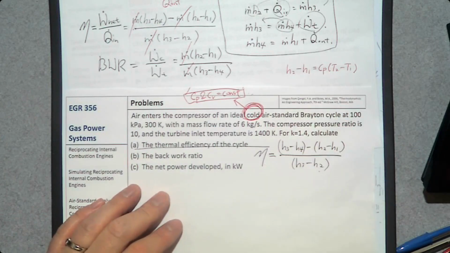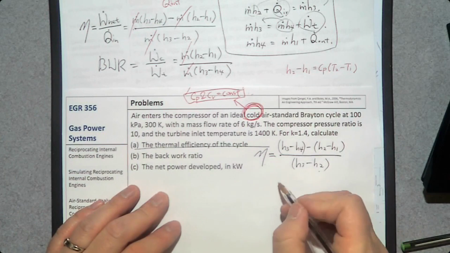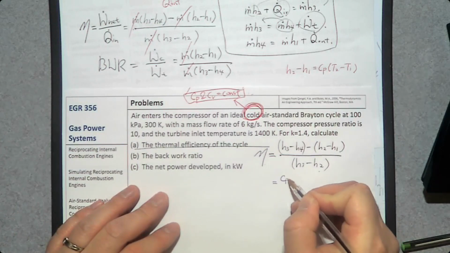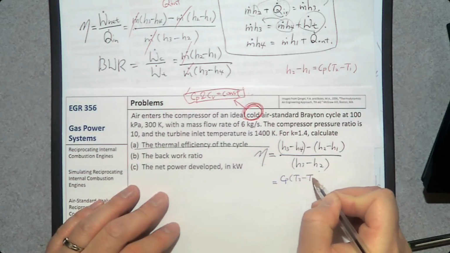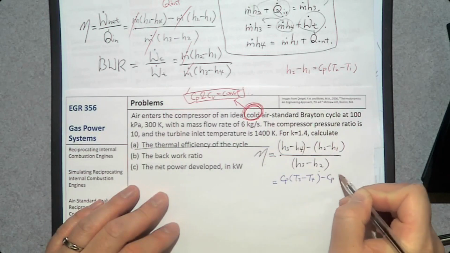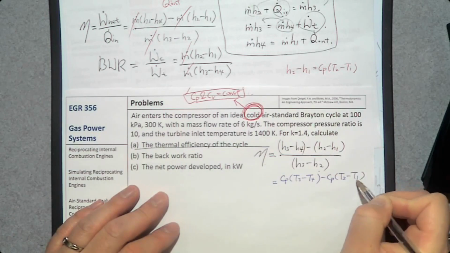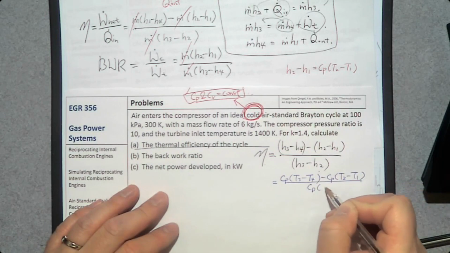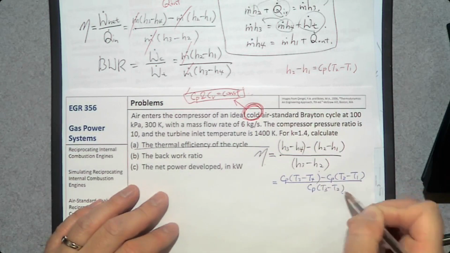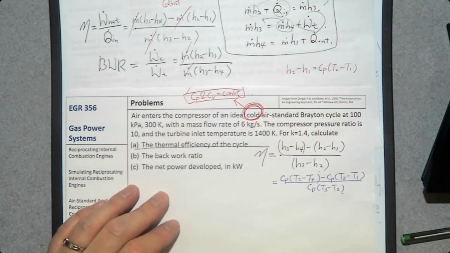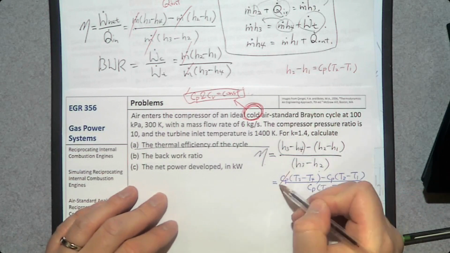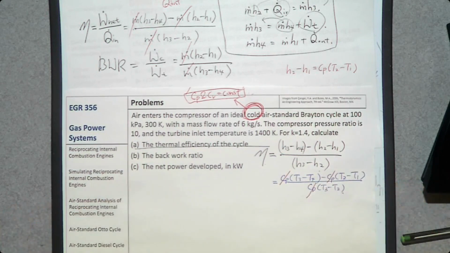So this thermal efficiency equation can be written as (Cp (T3 minus T4) minus Cp (T2 minus T1)) over Cp (T3 minus T2). Then do we need to calculate Cp? No, you can cancel them out. So as long as you know the temperatures at each state, you can determine the thermal efficiency.